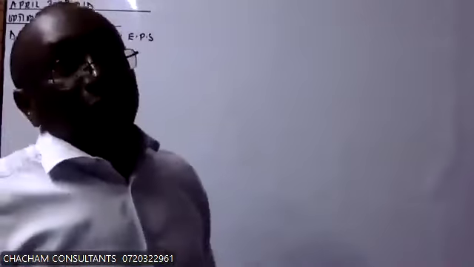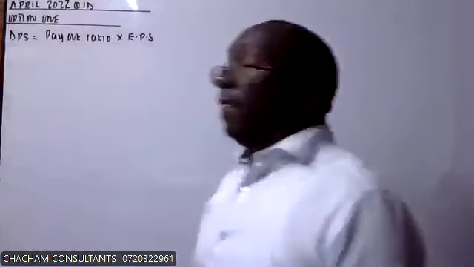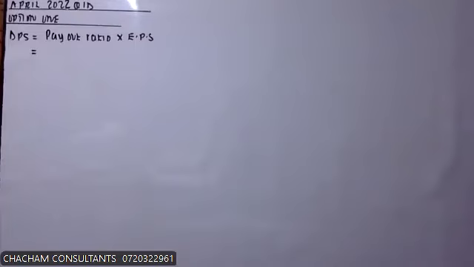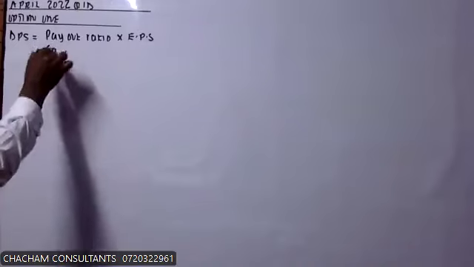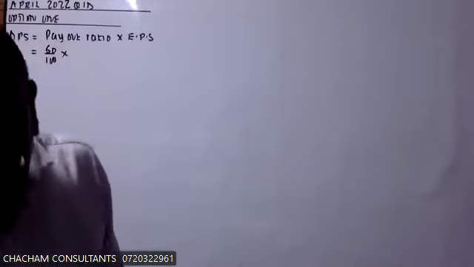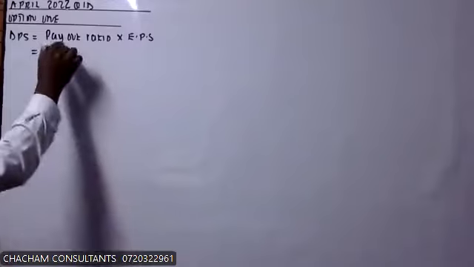Ndio ujue out of that total earnings tunalipa ngapi the payments. So we are told here that the retention is, not retention, the payout is 60%. So that means they will be paying out 60% of the earnings, and we are told the current earnings is 8.